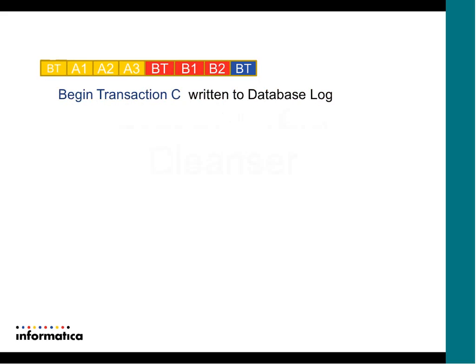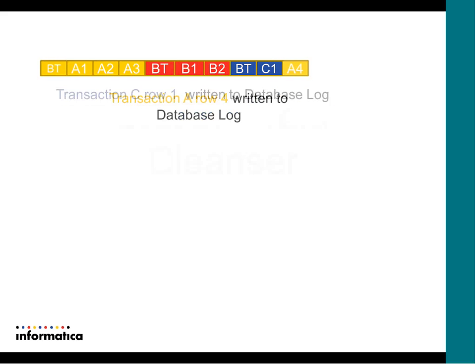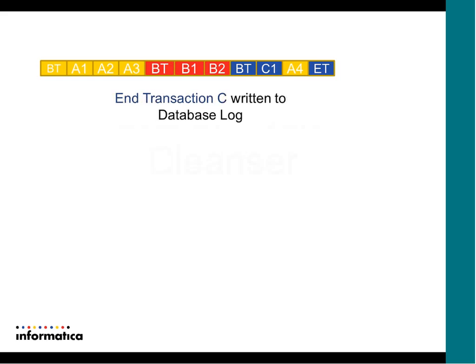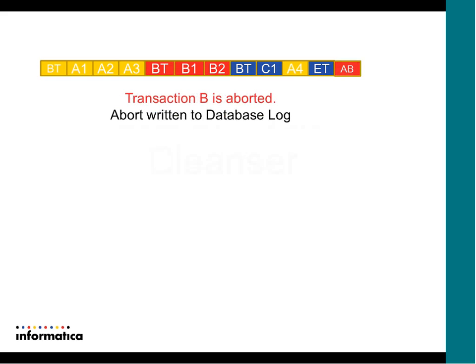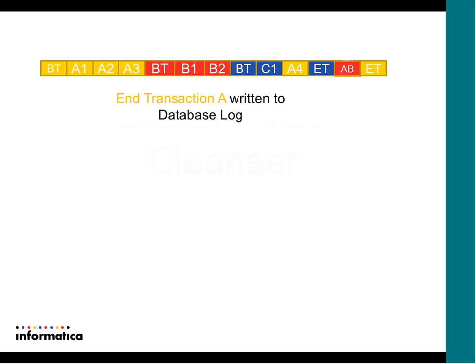So we now have three transactions simultaneously running and being logged to this database log. We have an update record, and then row 4 is for transaction A. Now it made another update, and now we have an end transaction for the last transaction, and then an abort for the second transaction, transaction B, and then we have the end transaction for the input.